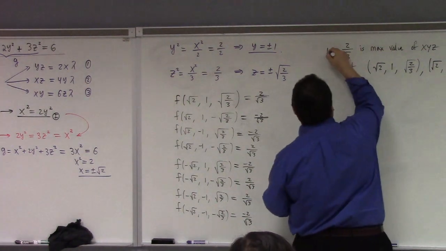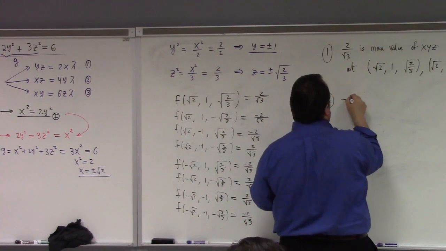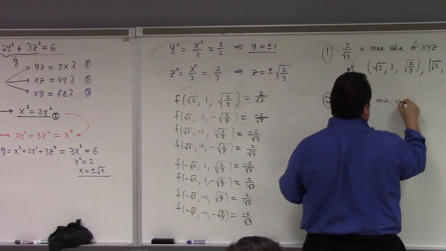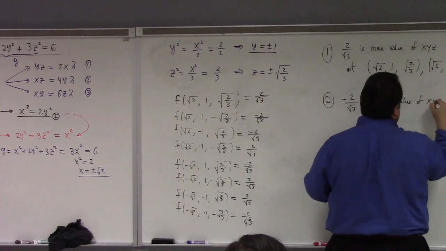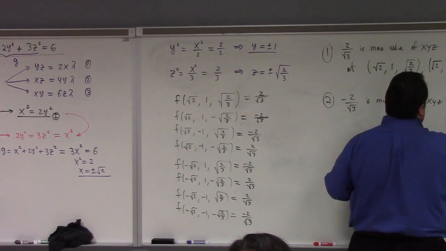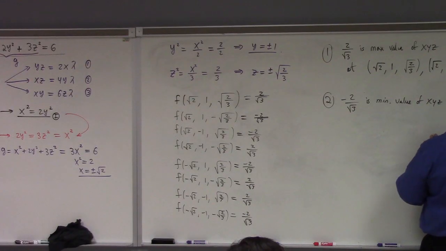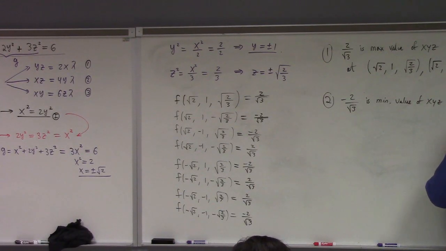And number 2, minus 2 over root 3 is the minimum value of xyz attained on x squared plus 2y squared plus 3z squared equals 6.